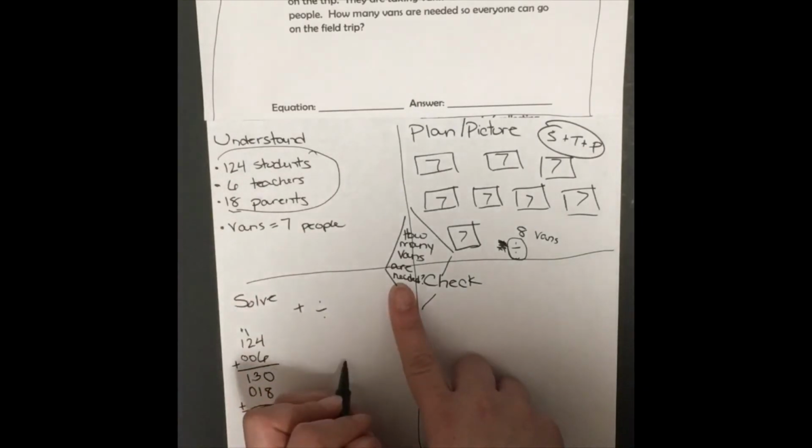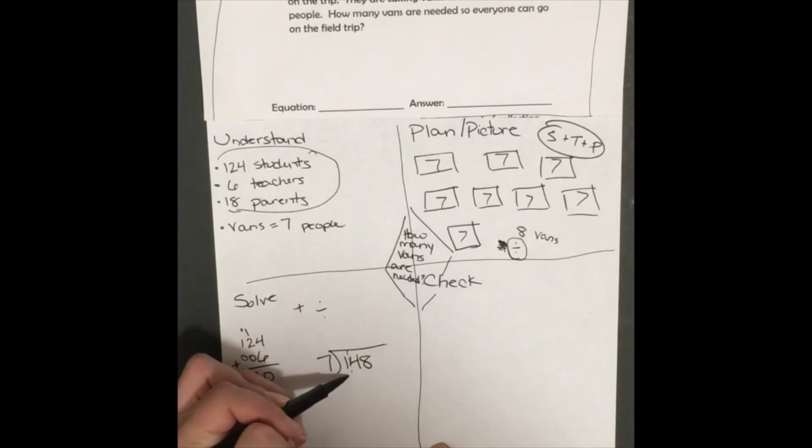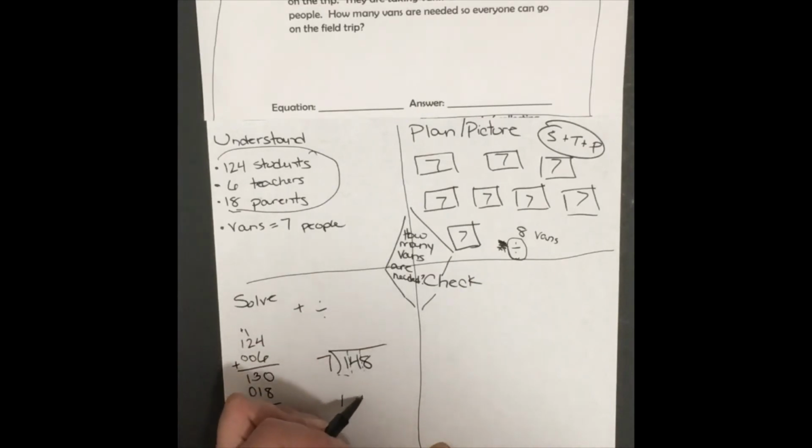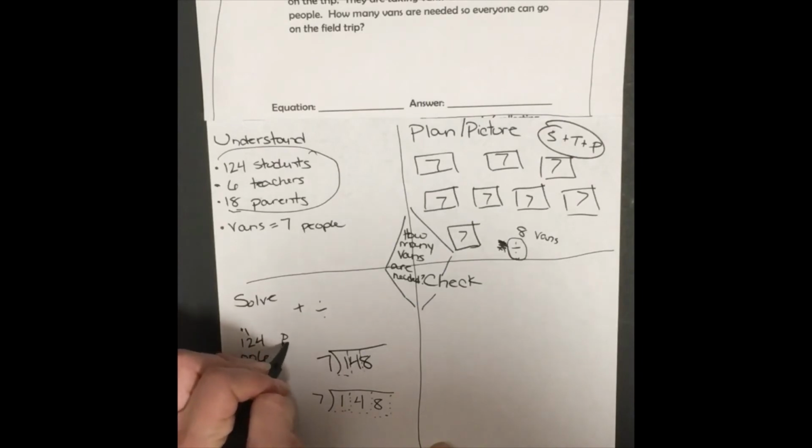So long division, 148 broken up by 7. And I'm going to rewrite that actually a little bit bigger so I can break that up into my rooms. And I'm going to have my steps, does, McDonald's, so cheeseburgers.